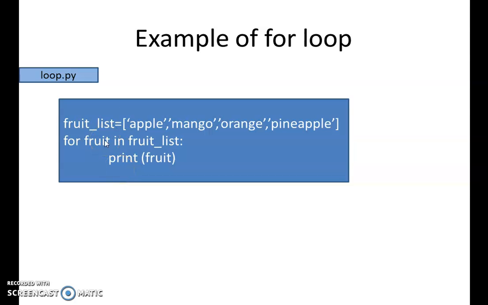So in this code we have one list and some elements of list. As we discussed in list data type, elements are separated by comma and we have 4 items inside this list. Now to iterate over this list item we use for statement.